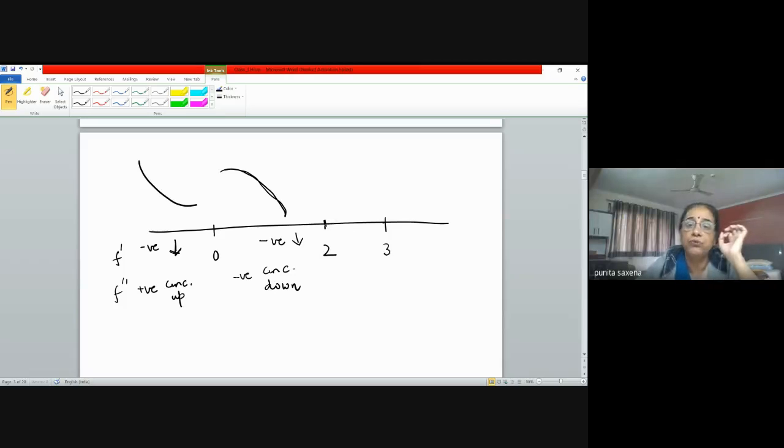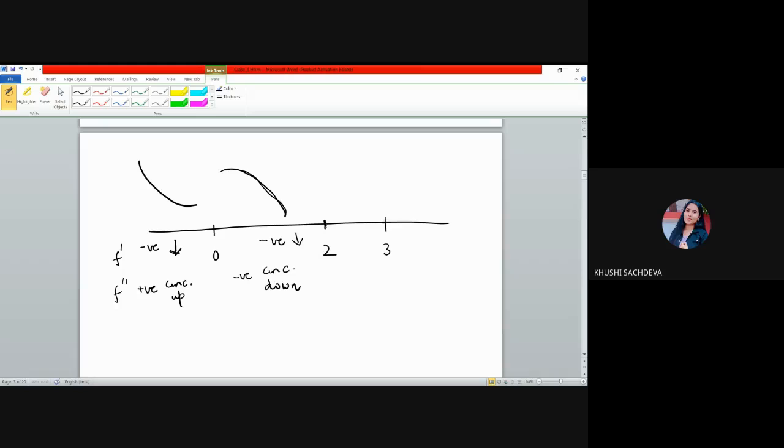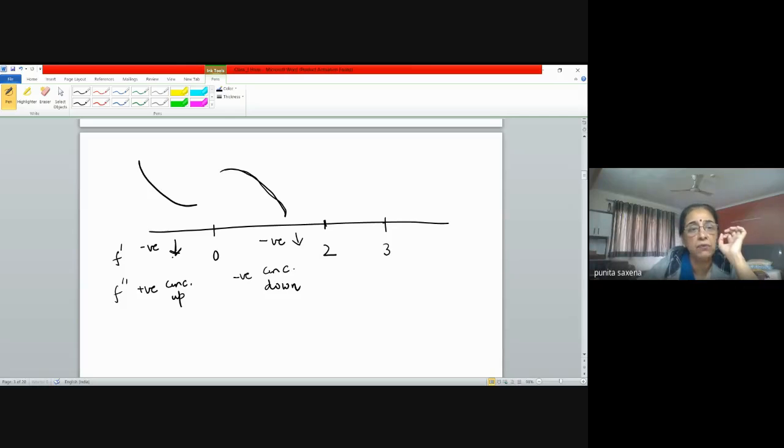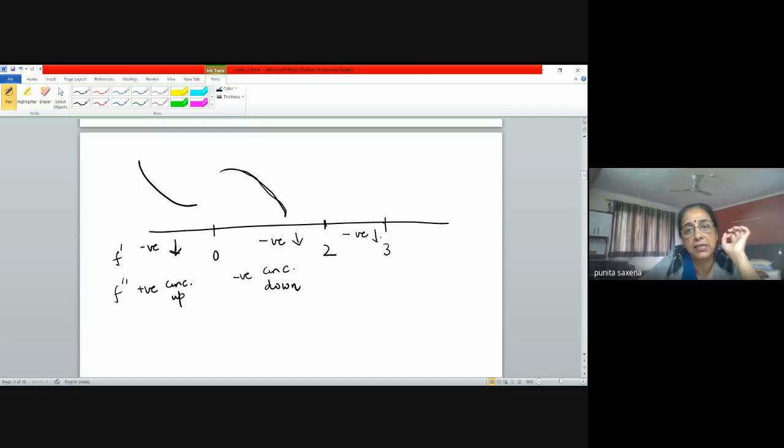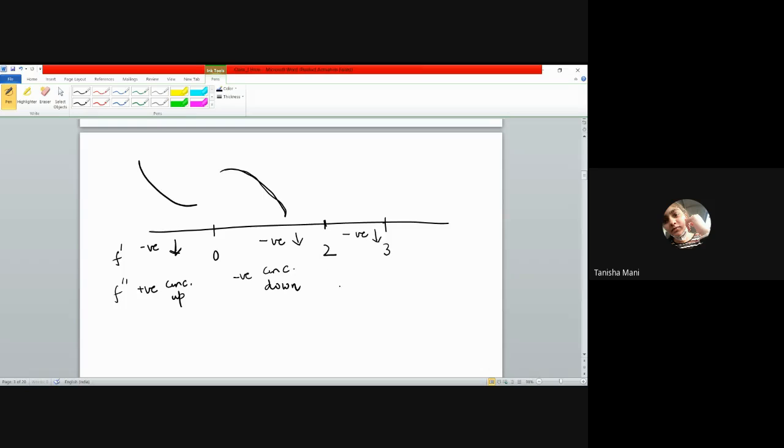Now let's move from 2 to 3. From 2 to 3, what is the sign of f dash? Negative. Still negative, right? So that means it's still decreasing. But what is the sign of f double dash? Positive.